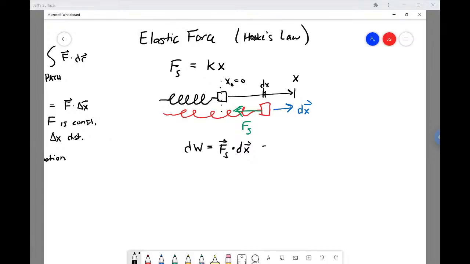In other words, F_s dx cosine of the angle between those two vectors. If one vector points this way and one points the other way, the angle between them is 180 degrees, and the cosine of 180 degrees is -1.